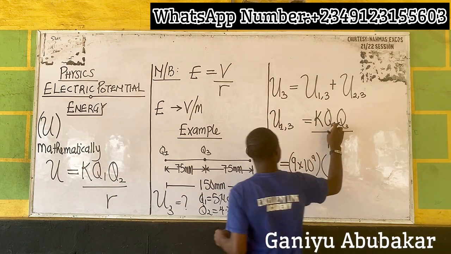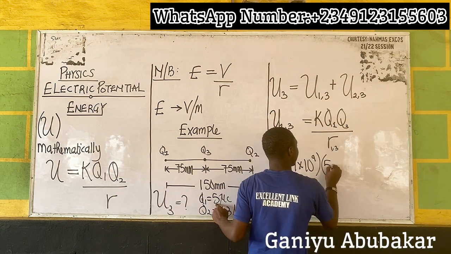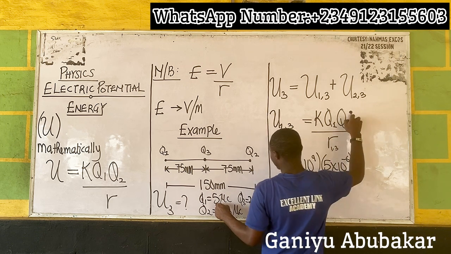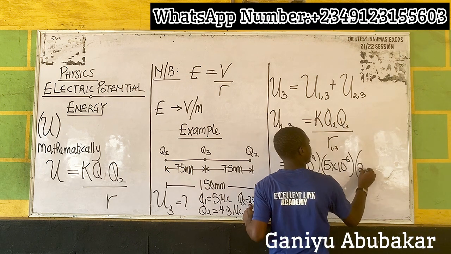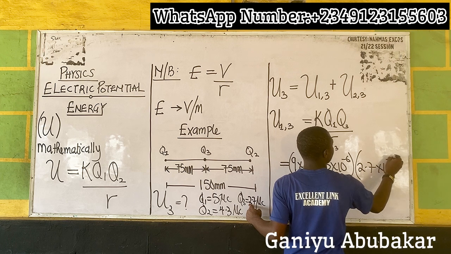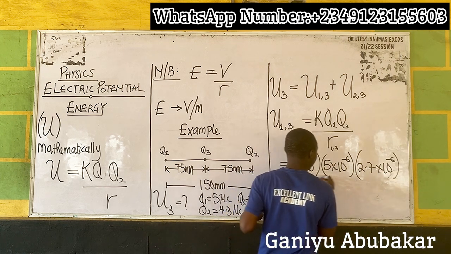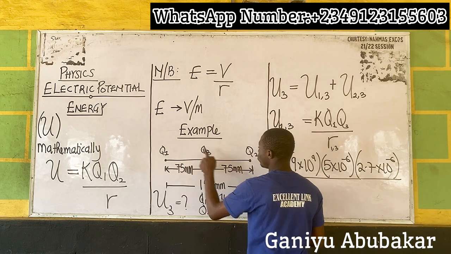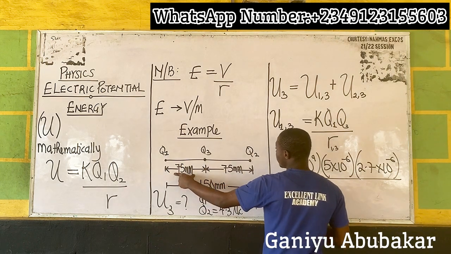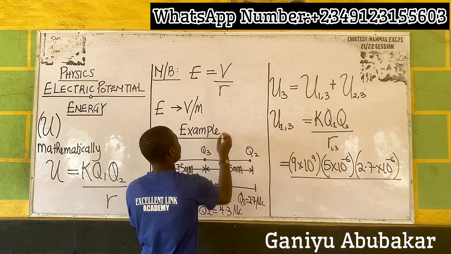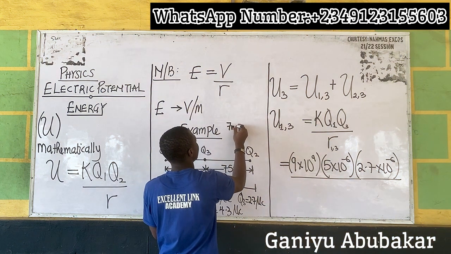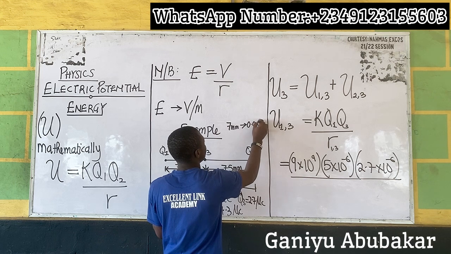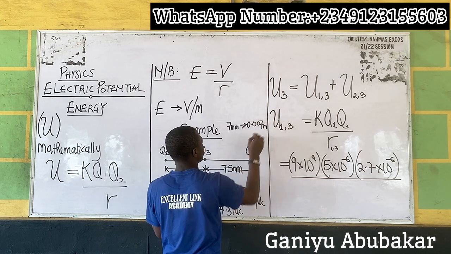So Q1 is of course 5 times 10 to the power minus 6, into Q3, that's 2.7 times 10 to the power minus 6, all over r13, the distance between Q1 and Q3, that's 7.5 millimeter. Convert this to meters, and that becomes 0.007 meters.